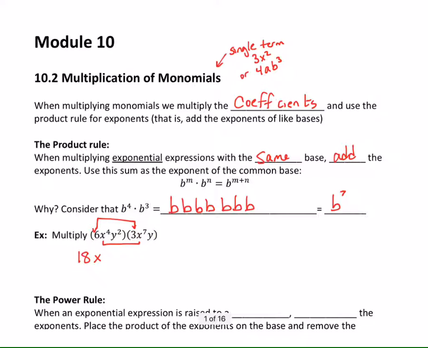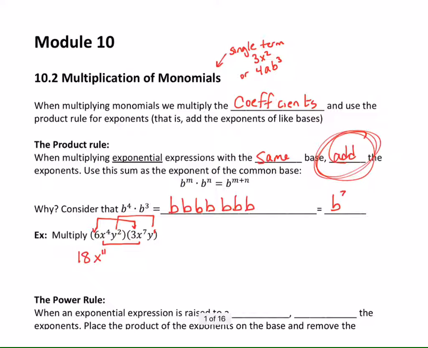What did I say up here? You add, so 4 plus 7, 11. Okay, and then y squared times y. Y cubed. Because remember that if there is no exponent, what is it understood to be? 1, right?